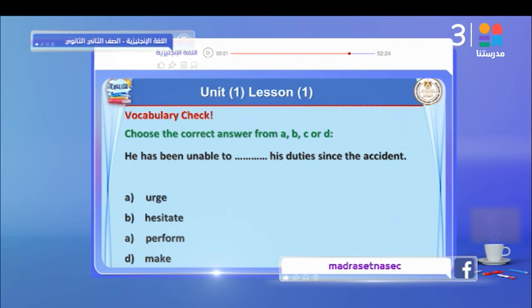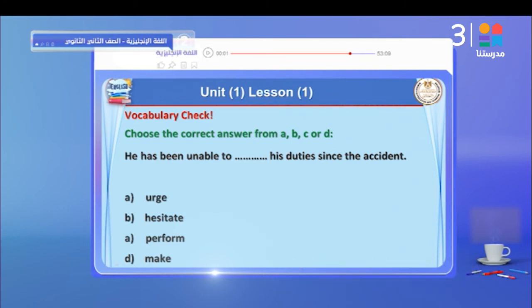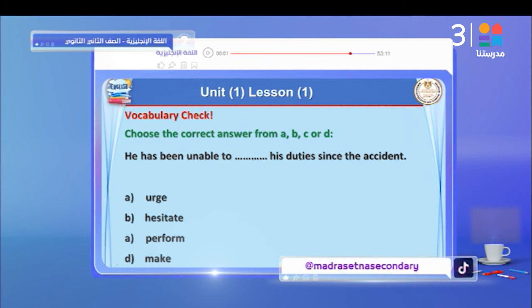He has been unable, which is the opposite of able. So we added the prefix un to give the opposite meaning. Okay, so here it means he wasn't able to or he couldn't.